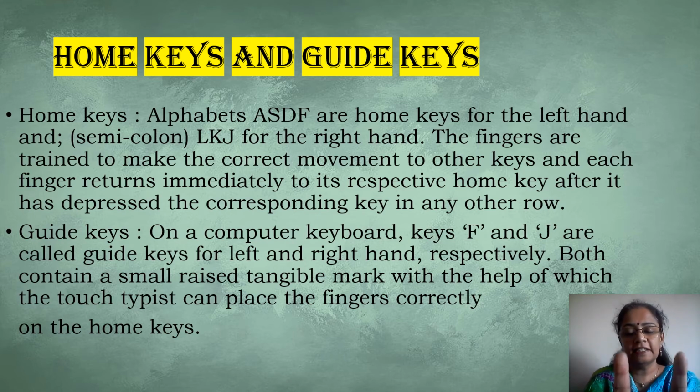So this will be on the F and this will automatically be on the J key. So these are called the guide keys and the home keys. I hope you have understood the difference: all of them together are the home keys, and the guide keys are the F and the J key. These help the touch typist with the placement of the fingers.